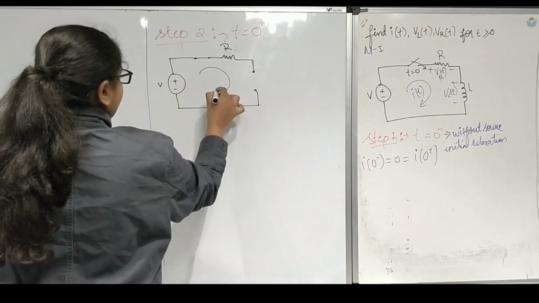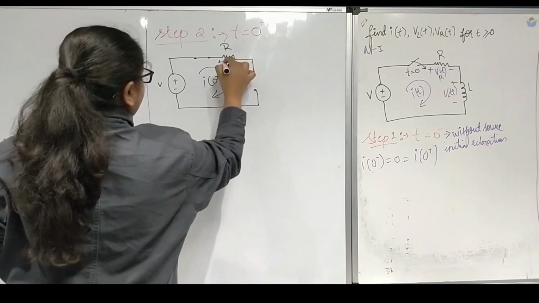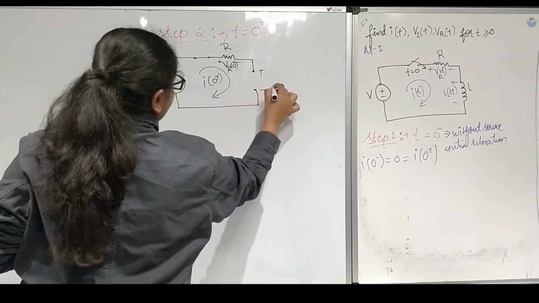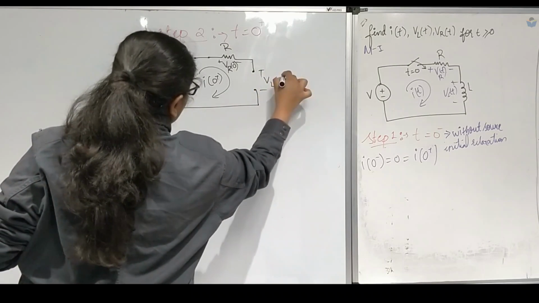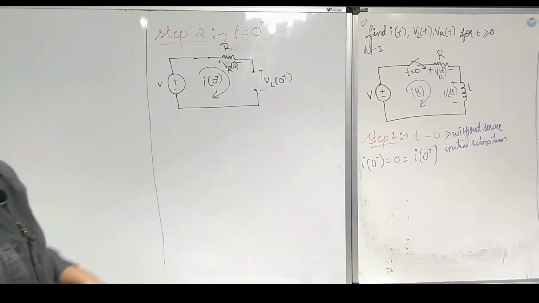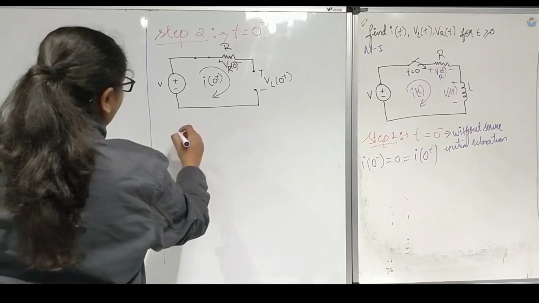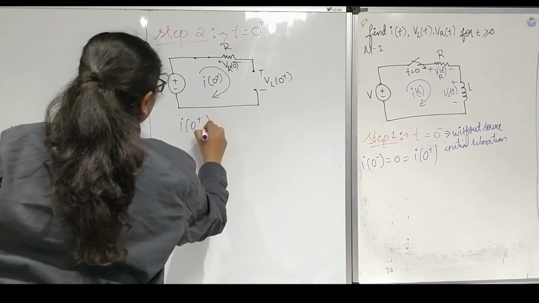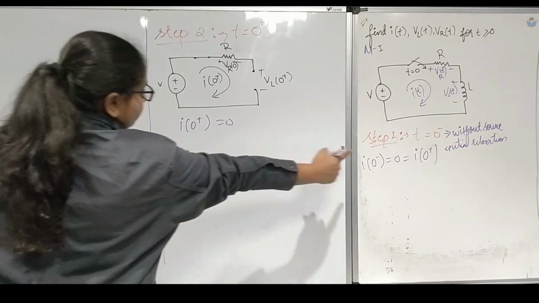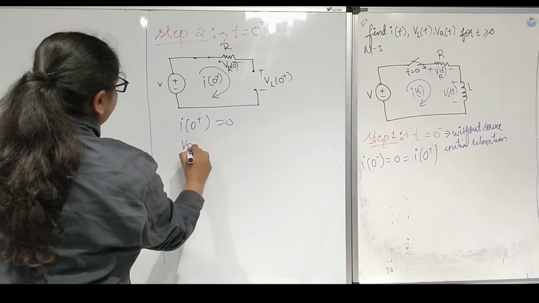Now what will be this current? I of 0 plus, and this will be VR of 0 plus, and across here VL of 0 plus. This will be the voltage across the inductor. Now you can see that I of 0 plus is equal to 0. It is open, so that is equal to 0, which satisfies this condition. Next we have VR of 0 plus.